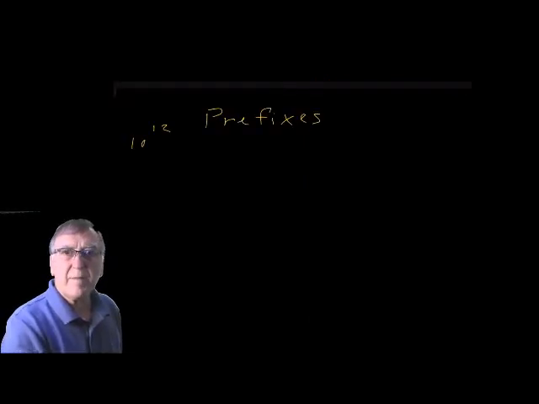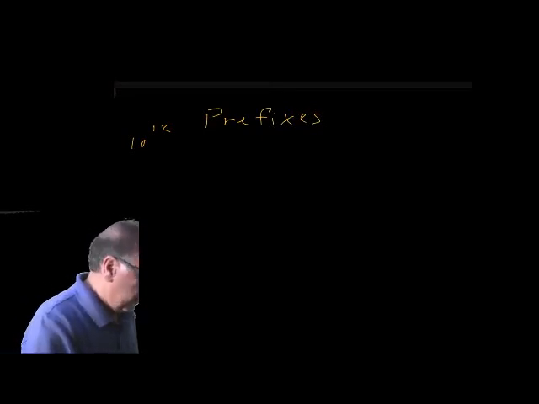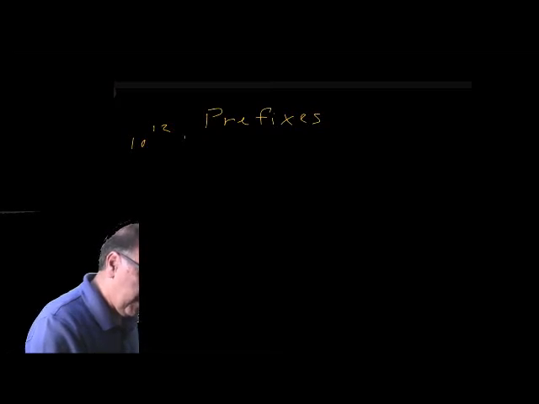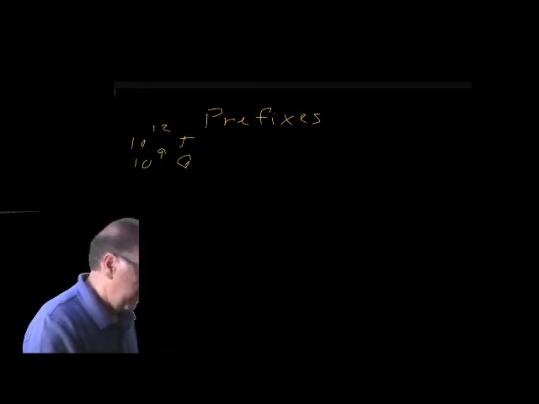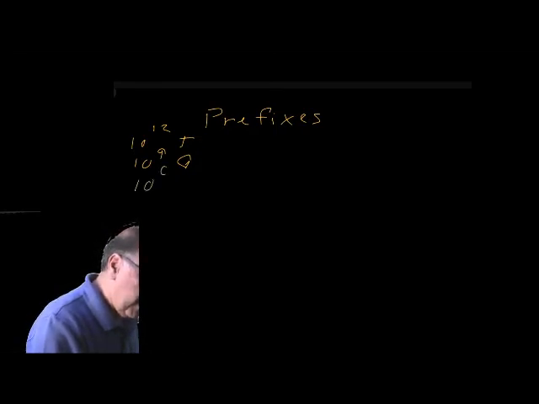The next thing we want to talk about is prefixes. If we have 10 to the power of 12, that's tera with a capital T. If we have 10 to the 9th power, that's giga with a capital G. If we have 10 to the 6th power, that's mega, capital M. 10 to the 3rd power is kilo, a small k.